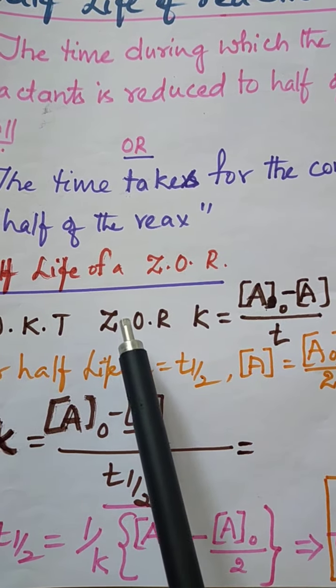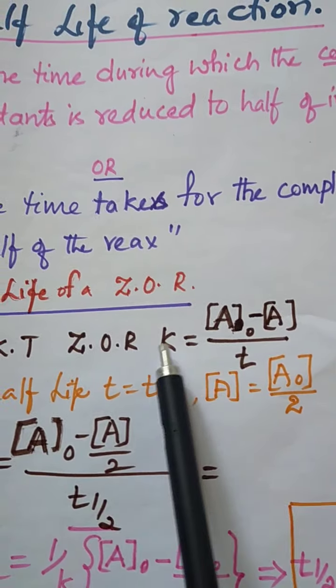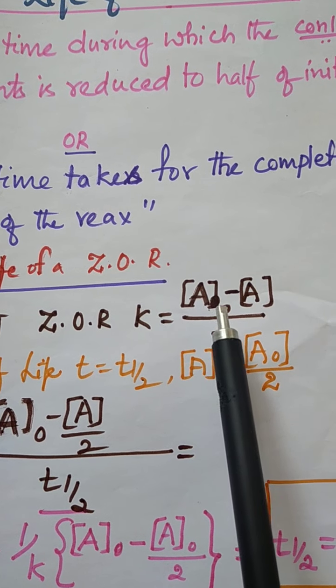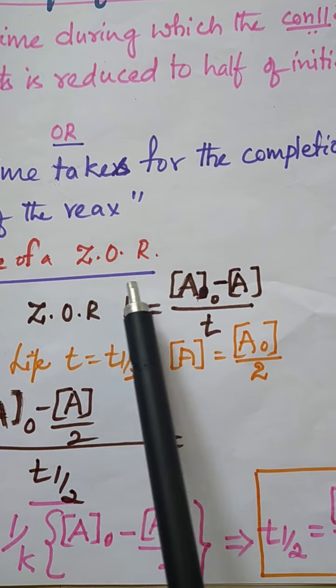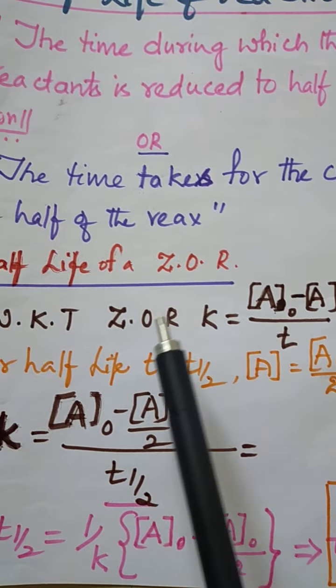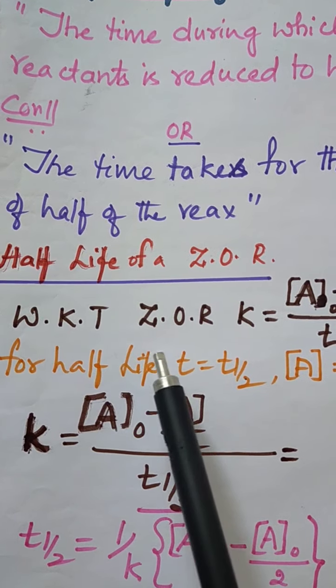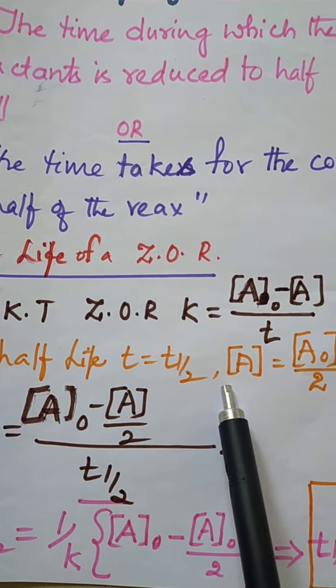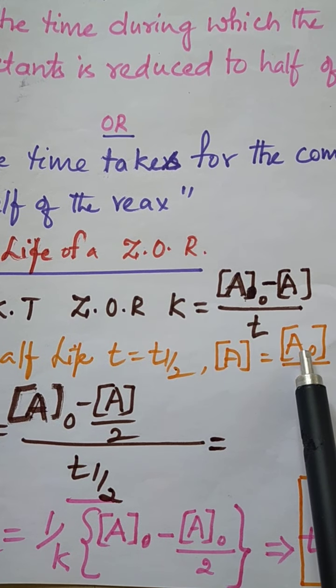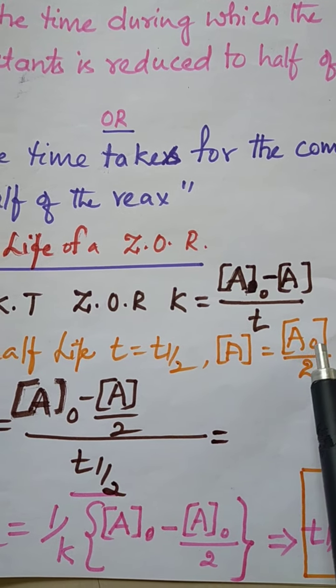For a zero order reaction, K is equal to the initial concentration A naught minus the final concentration A, divided by t. For half-life, we are just changing the values: t is equal to t half and A is equal to A naught by 2, which is half of the initial concentration.